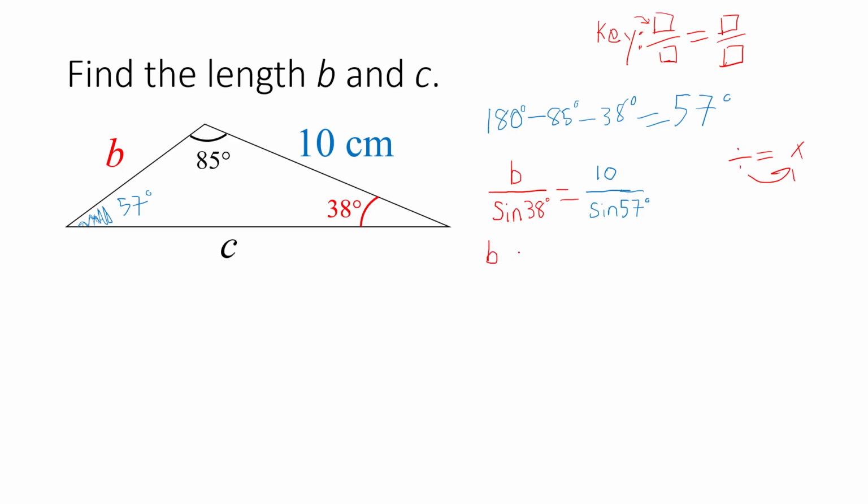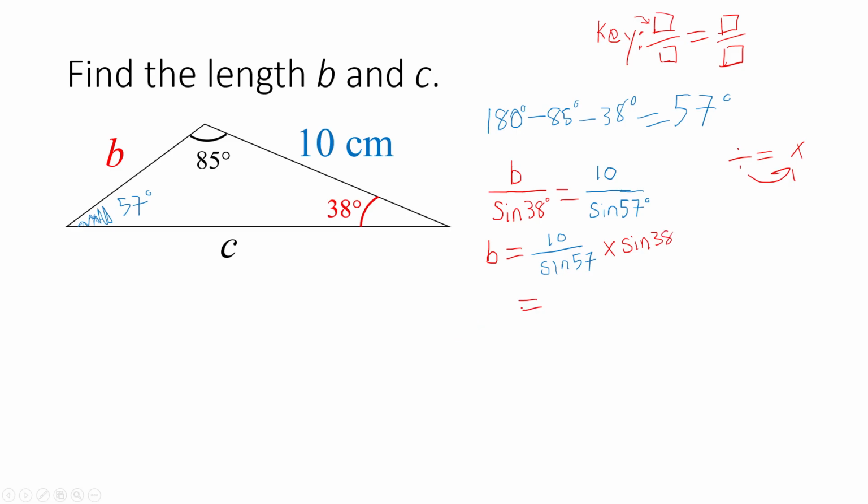So I will just get B is equal to 10 over sine 57 times sine 38.